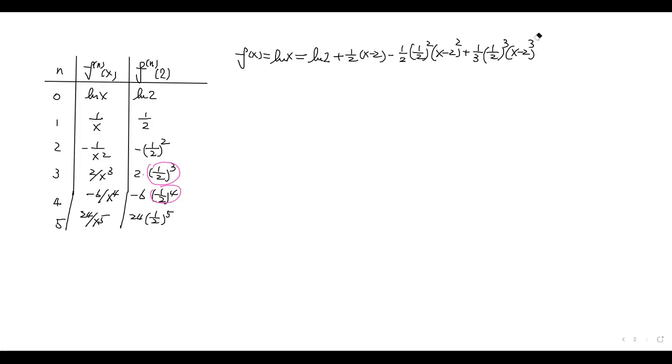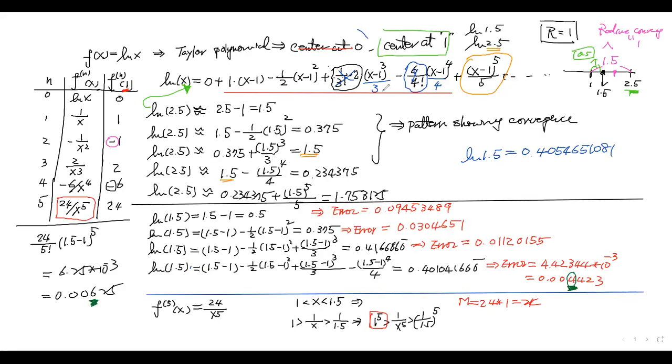So it will be minus 1/4, and I have 1/2 to the fourth power and x minus 2 to the fourth power, and plus 1/5. Then this is 1/2 to the fifth, then x minus 2 to the fifth power, then dot, dot, dot.